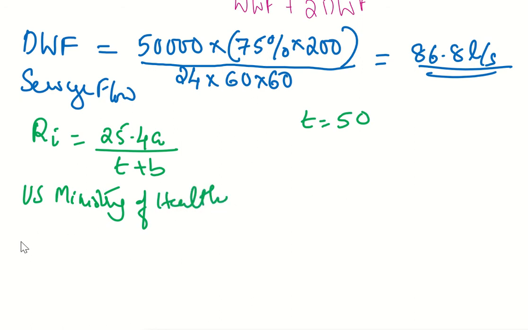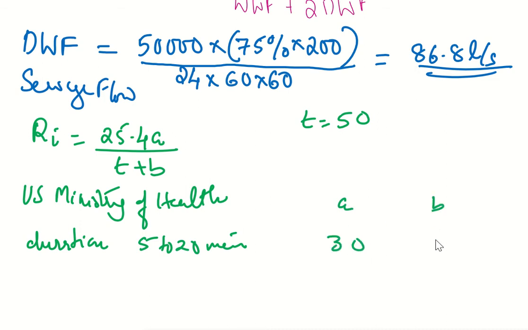For a storm of duration 5 to 20 minutes, you can take constant value A as 30 and constant value B as 10.